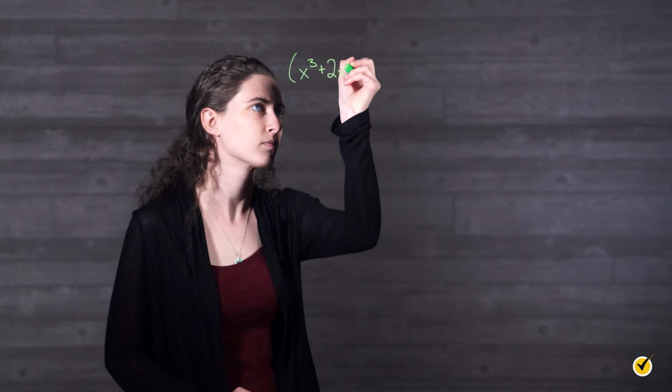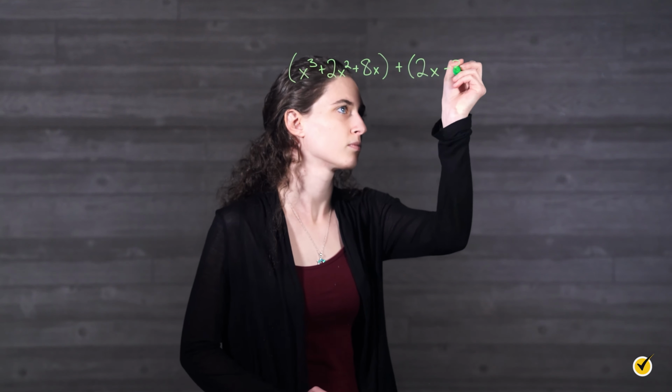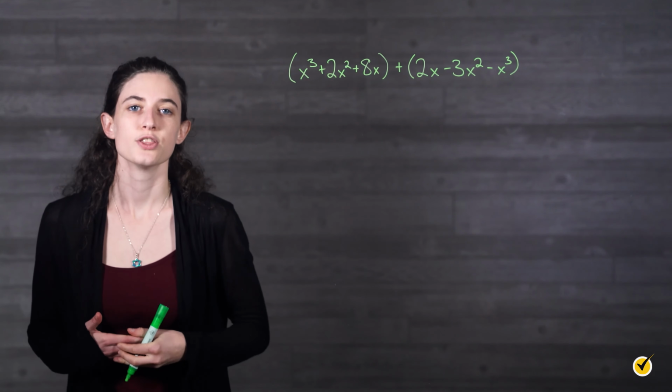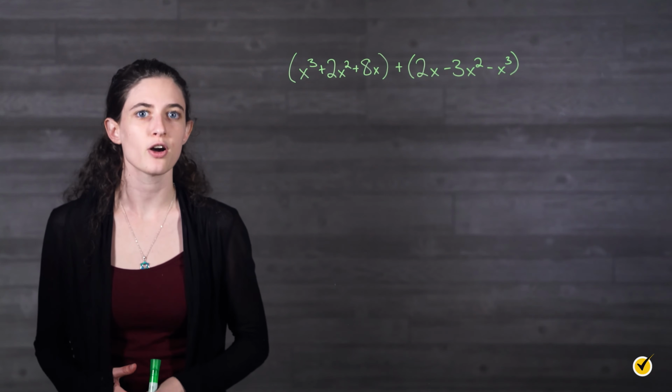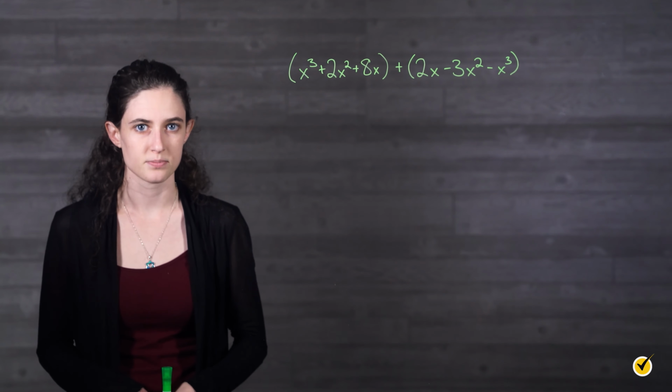Now that we have a solid foundation with the process of simplifying expressions, we can move into the process of adding and subtracting polynomials. Let's add these two polynomials together. The first thing we need to do here is simplify all like terms from both sides.